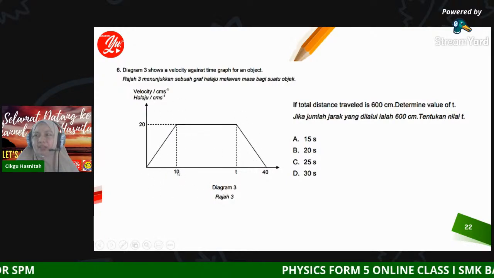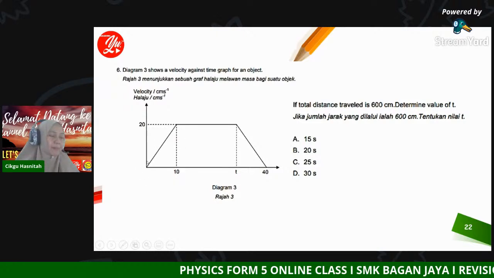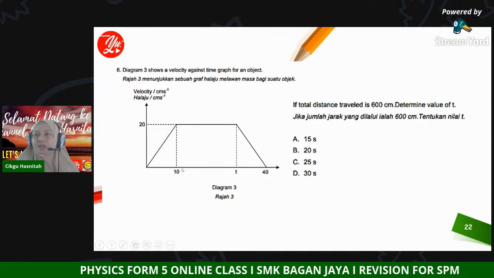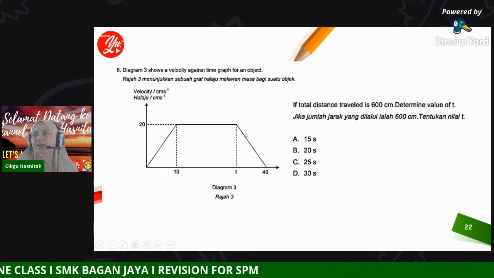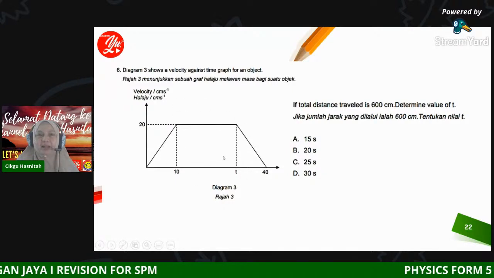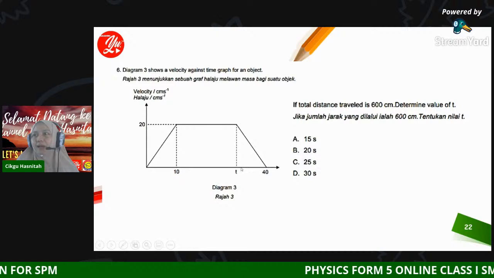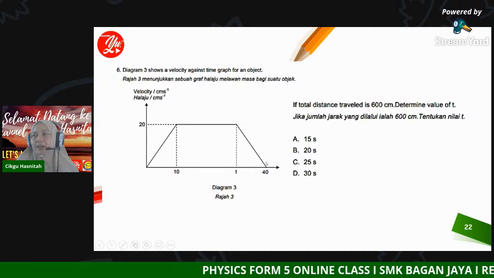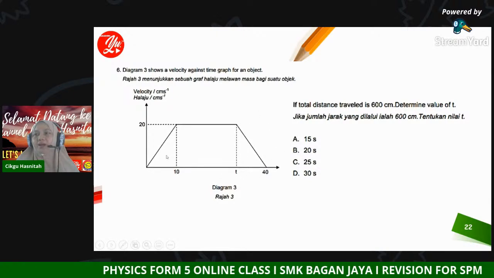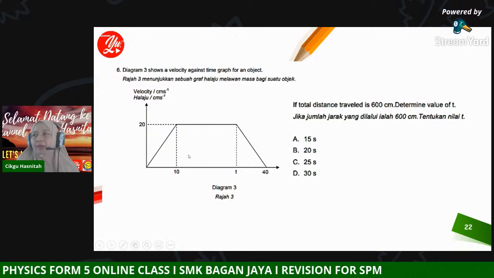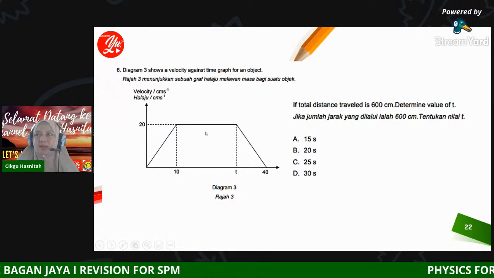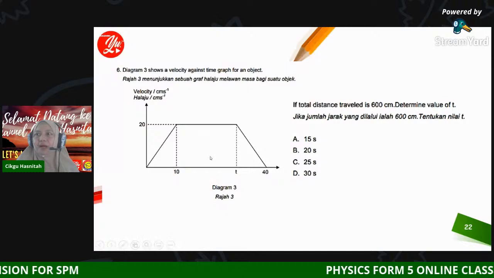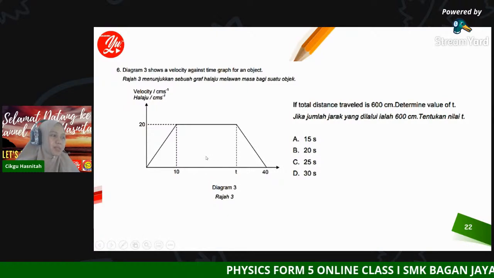First section, the first 10 seconds, is a triangle. Second section, from 10 to t seconds, is a rectangle. Then from t to 40 seconds, again a triangle. You add all these 3 areas and it will be 600 centimeter, so you can find the value of t.